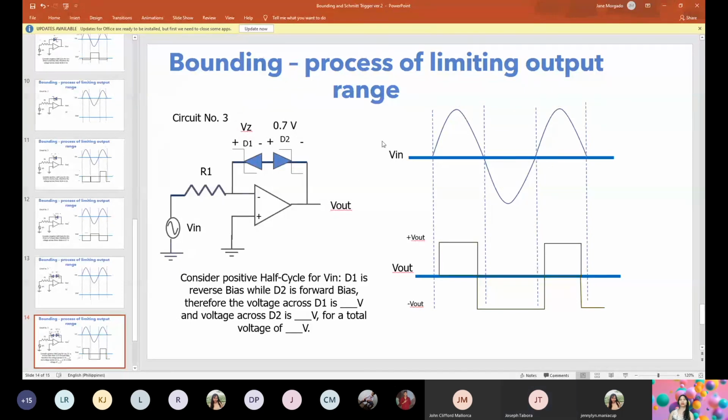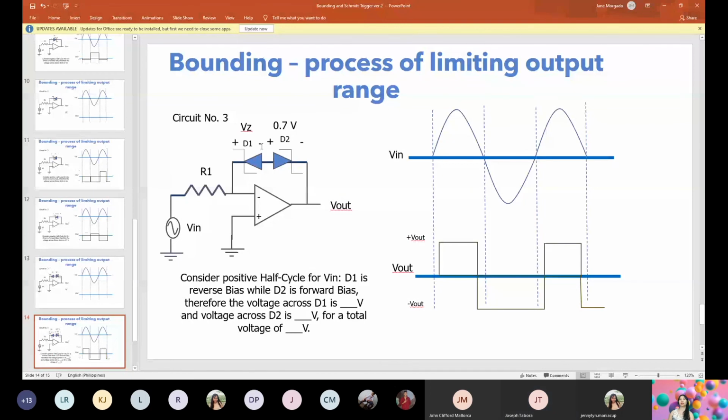Why subtract? Joke lang, ma'am. As you can see, they have the same flow, diba? Positive, negative, positive, negative. So it should be additive, diba?